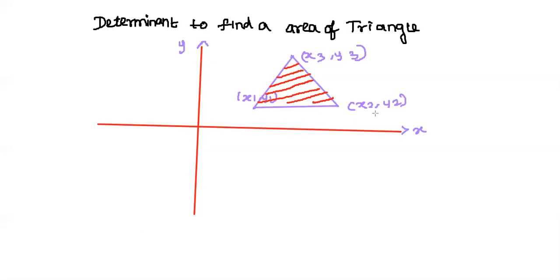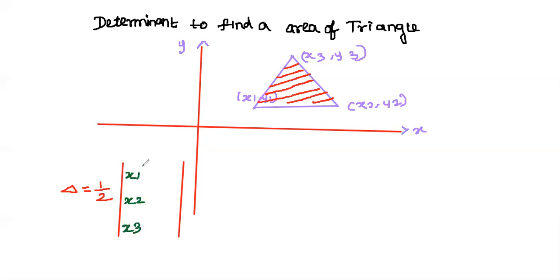For finding the determinant, we do have a formula that del is equal to half followed by determinant x1, x2, x3.